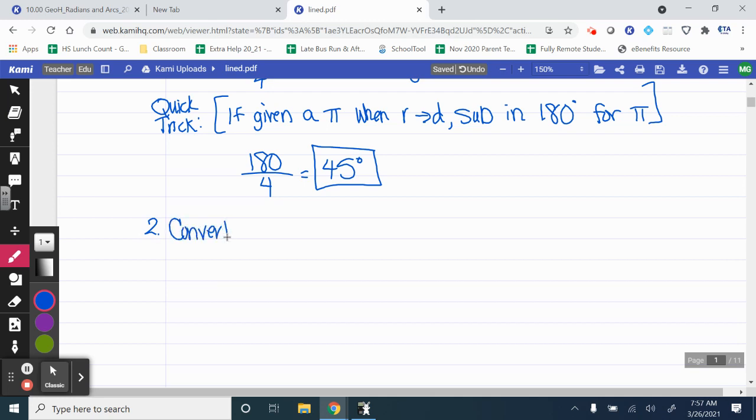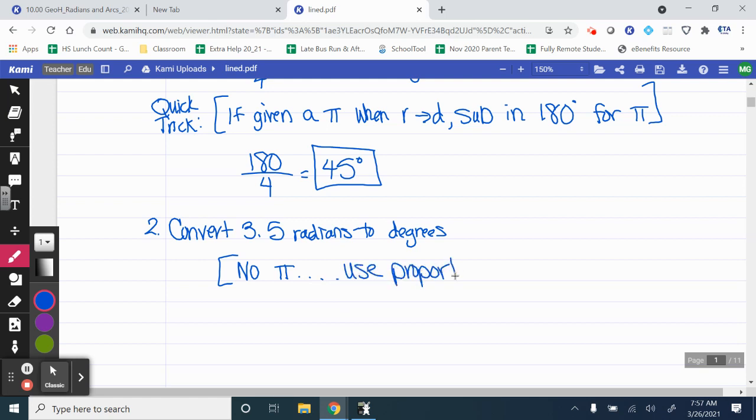Convert 3.5 radians to degrees. This one has no pi in it, it's just 3.5, so now we have to use the proportion. All right, let's switch colors.